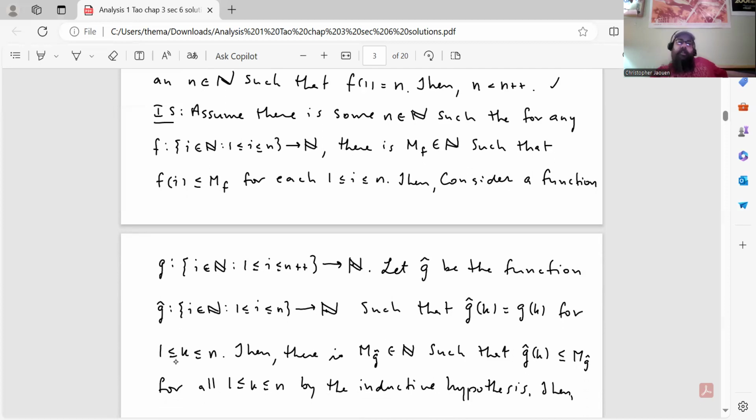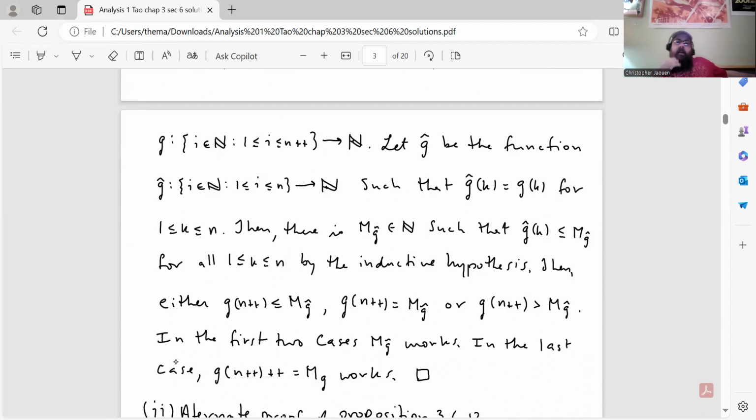Then consider a function g from the set of natural numbers between 1 and the successor of n to the natural numbers, and then define the function g hat to be the function that goes from the set of natural numbers from 1 to n to the natural numbers, such that g hat of k is equal to g of k for k between 1 and n.